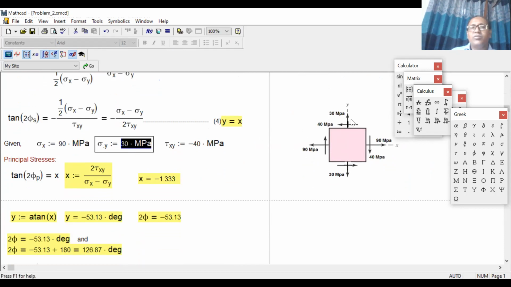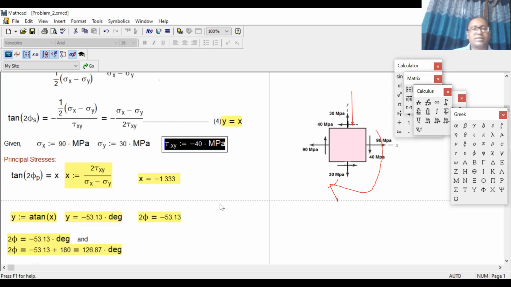Sigma y is also tension, so it will be 30. But if I give this sigma y in the opposite direction, then it will be negative. And tau xy: this tau tries to rotate the body in the clockwise direction, which means tau xy is negative. So I can write tau xy equal to minus 40 megapascal.